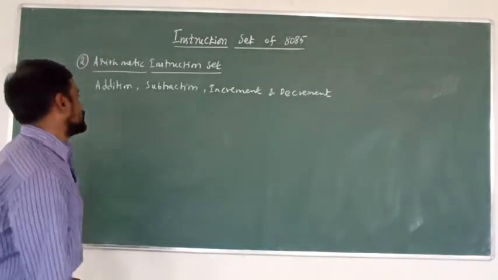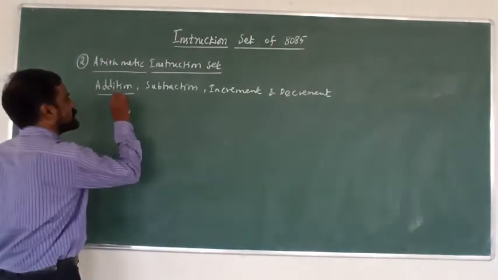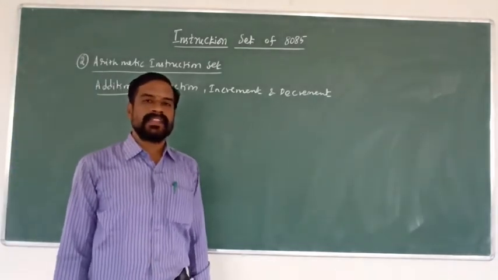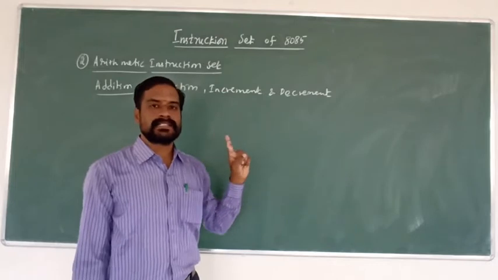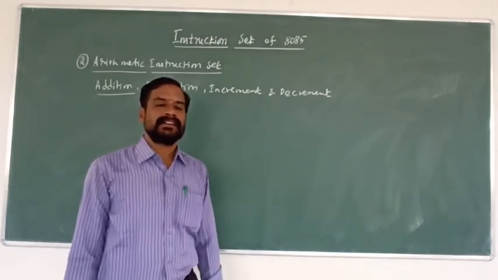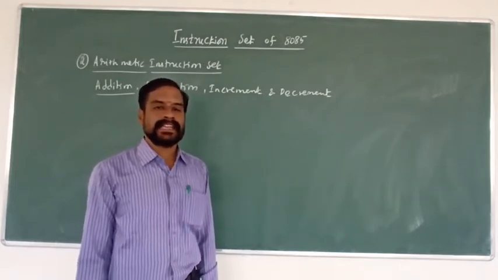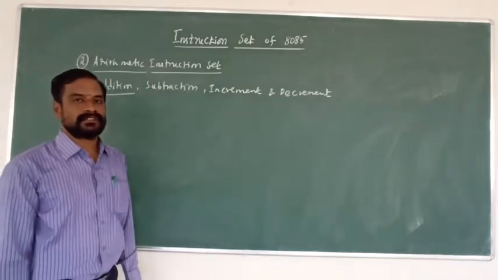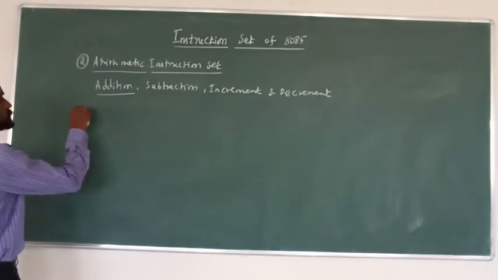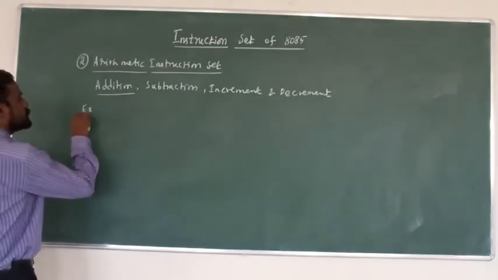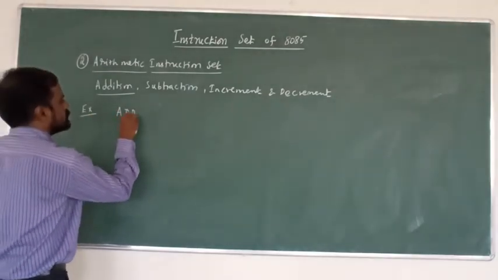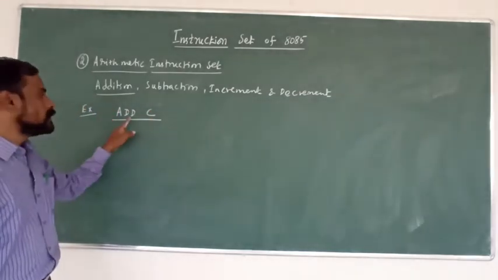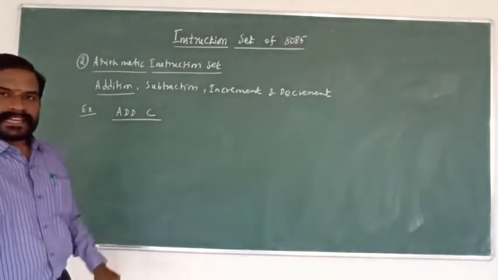Okay. Here addition means to add two data. Data 1 is always in the accumulator and the second data will be any one of the registers. Example, ADD C. ADD C means to add two 8-bit data.